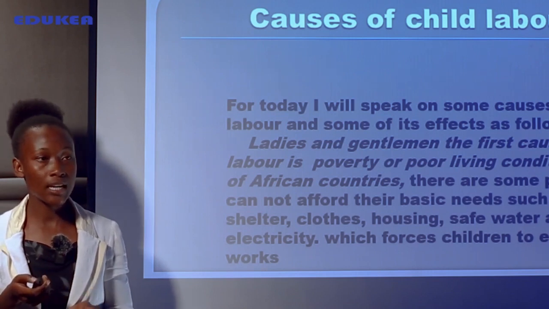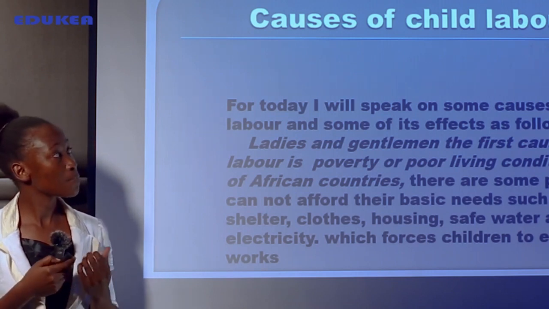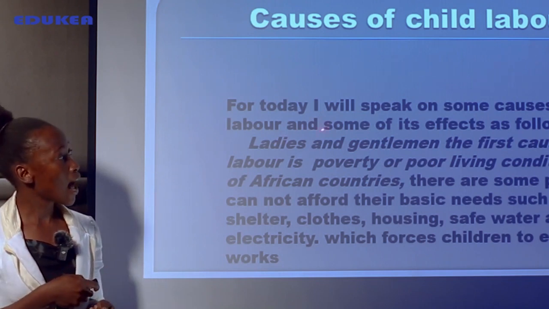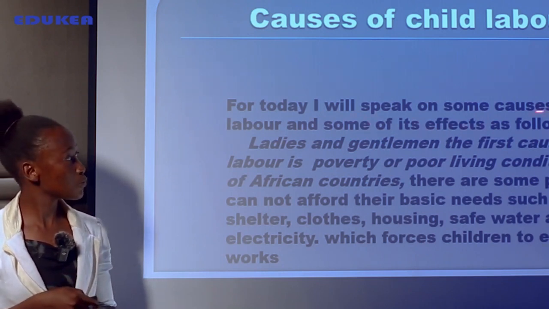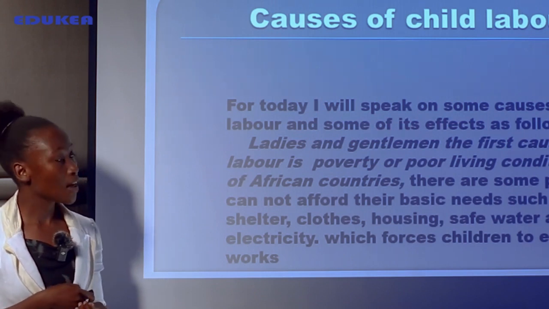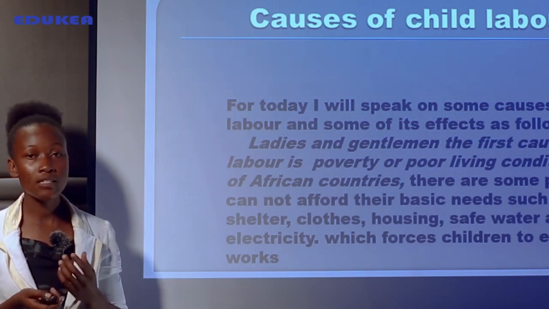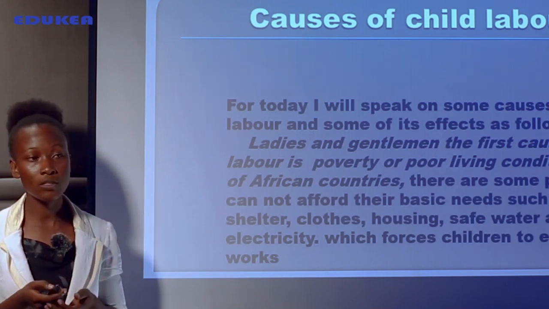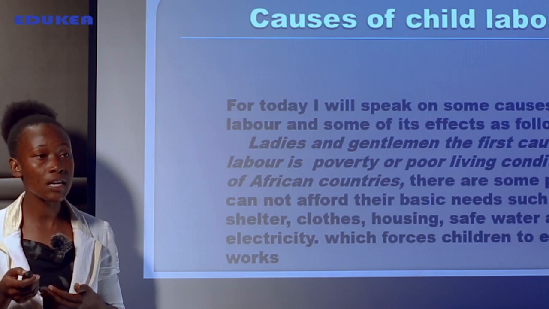But now the speech reads that for today I will speak on some causes of child labor and some of its effects as follows. Then there are words to use when introducing a point or beginning to speak about something.